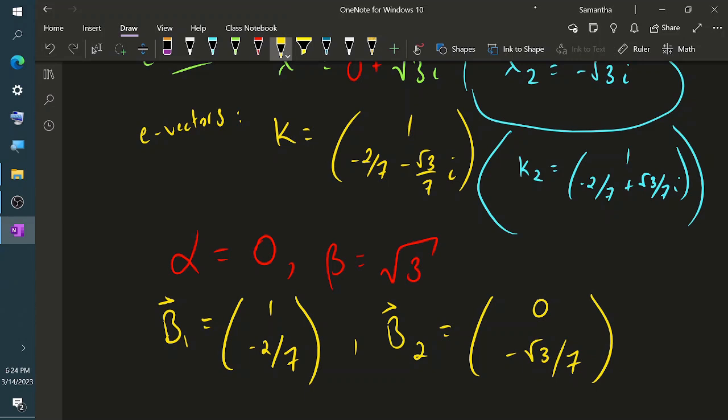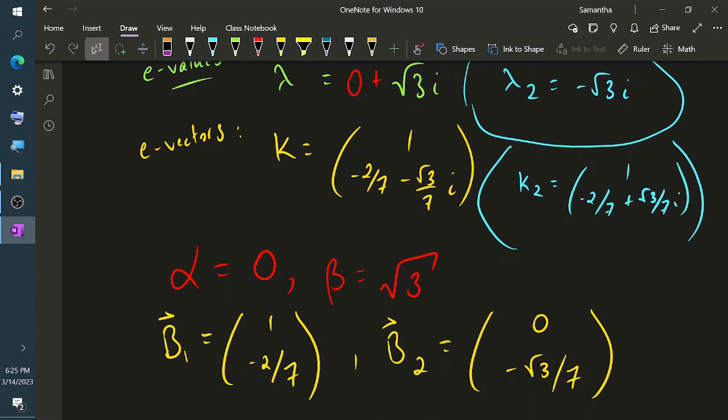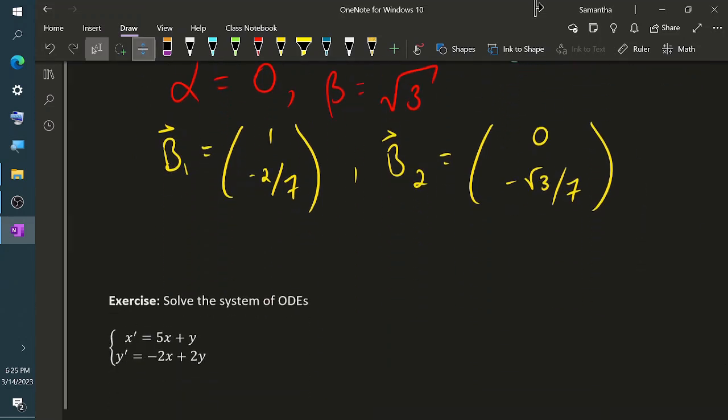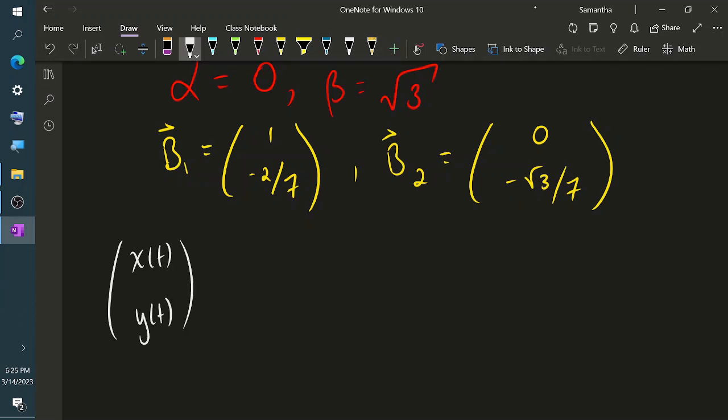So now that I have my eigenvalues and eigenvectors, now that I've identified the real parts and the imaginary parts, all I have to do is assemble them according to the theorem, which says the solutions that you're looking for here, your x of t and your y of t, are given by the following formulas.